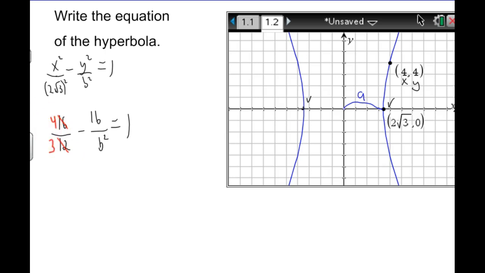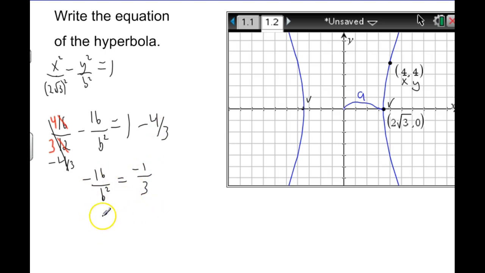So we got 4 thirds minus 16 over b squared equals 1. I'm going to subtract 4 thirds from both sides. That cancels. I get negative 16 over b squared equals 3 thirds minus 1 third, which is negative 1 third.